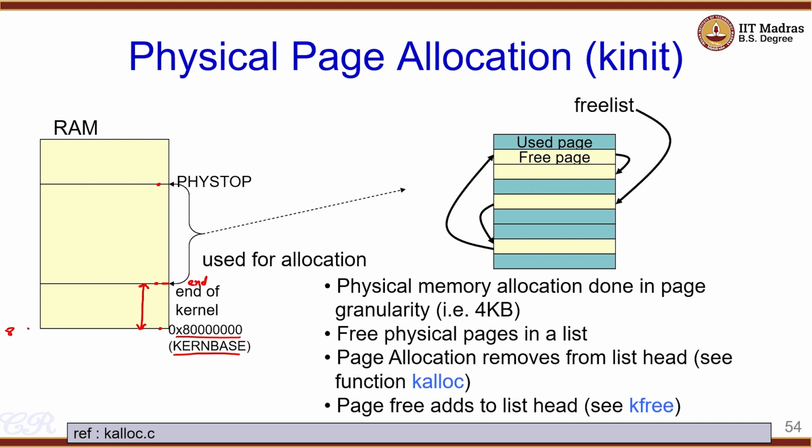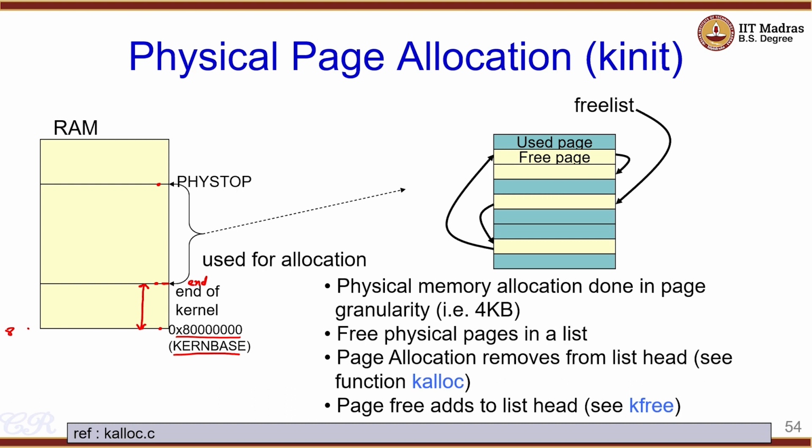So the region between end and physical stop is what the kernel can use for creating page tables, for allocating user programs, for heap, stack, code, anything, right. Any memory it wants to allocate, either for a kernel task or for a user program, would be in this range of end to physical stop.